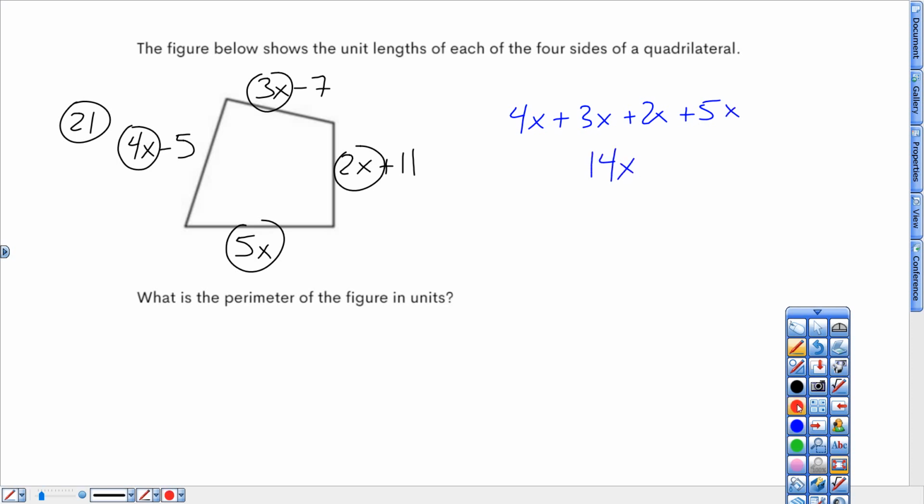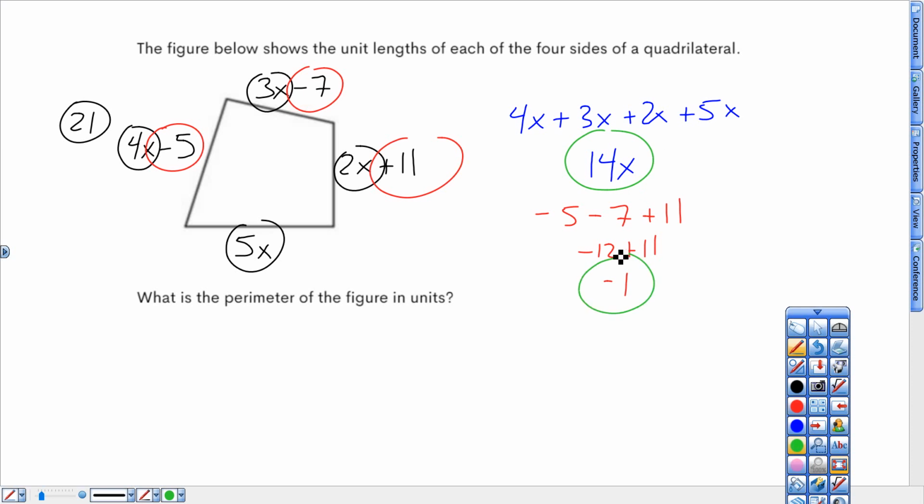If I deal with just the 3 numbers, negative 5 minus 7 plus 11 would give me negative 12 plus 11. That's negative 1. Make sure you put these parts together. Don't leave them separate. This algebraic perimeter is 14x minus 1. That is your algebraic perimeter. Next word is and.